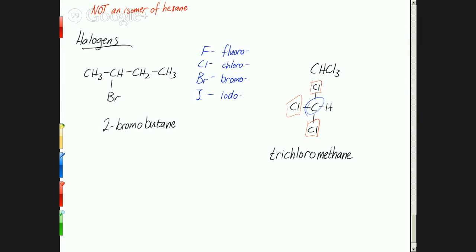You should be able to name that. I have a question. Is that the formal actual name? Yeah, that would be the IUPAC name, IUPAC being the organization that set up these rules, and the common name is chloroform.